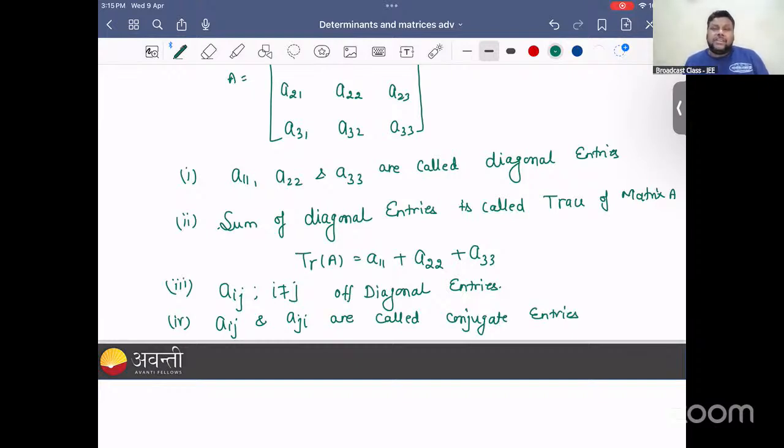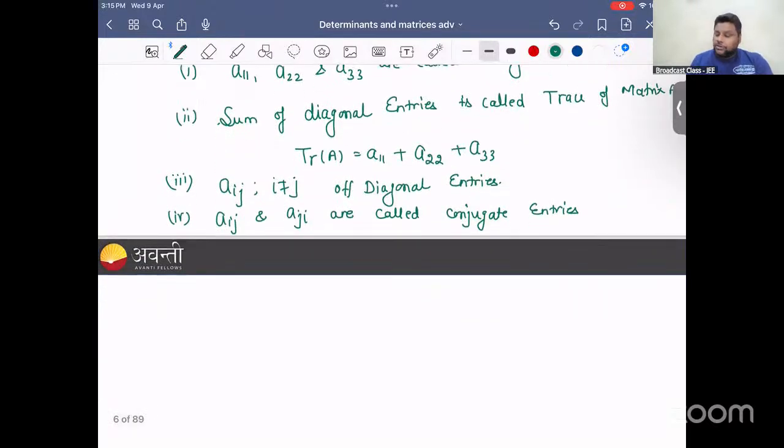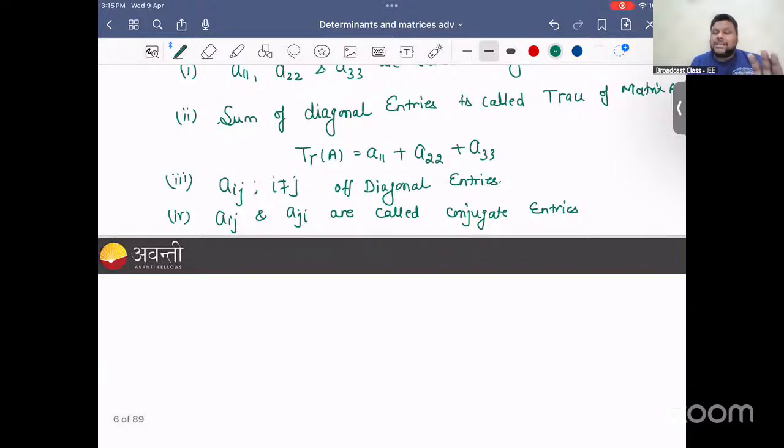A13 and A31, they are called conjugate entries. This conjugate has nothing to do with the conjugate we have done in complex numbers. All right. So these are basic terminologies about a square matrix.